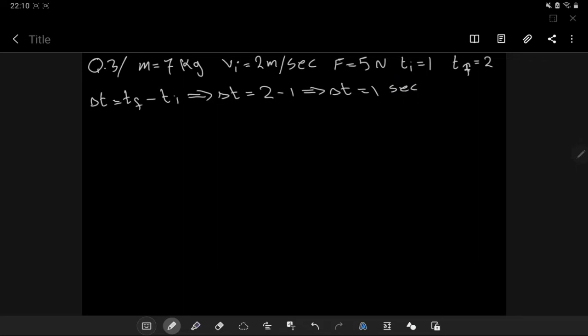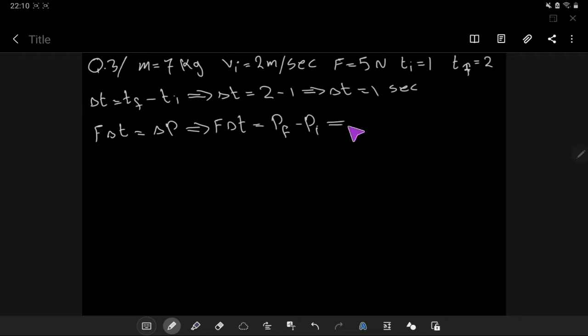So we will use the general equation to find the V final. In the beginning, we will find the momentum, which is F delta T equal to delta P. F delta T equal to P final minus P initial.